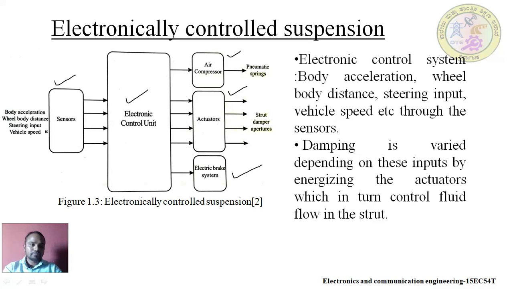The sensor gathers information such as body acceleration, wheel body distance, steering input, and wheel speed. Let me give the detailed information about these input parameters.